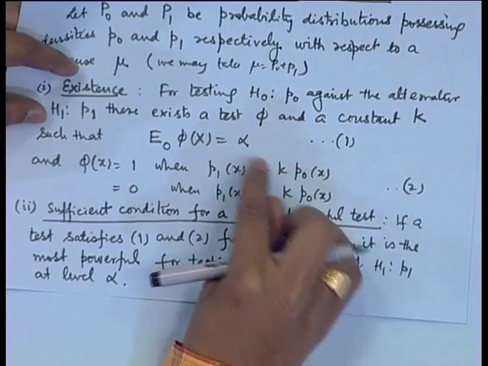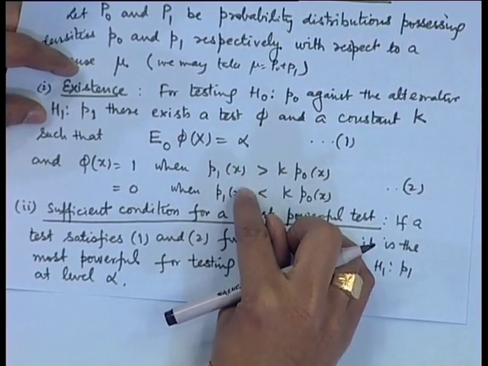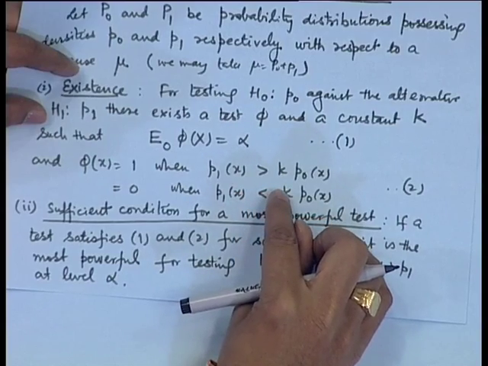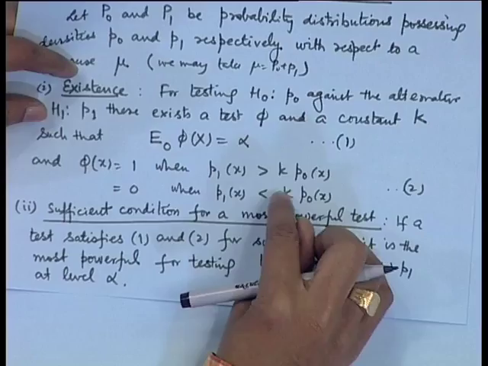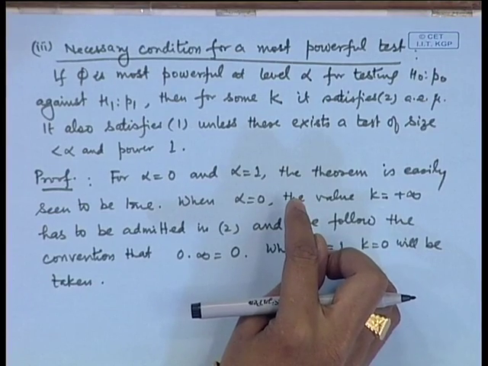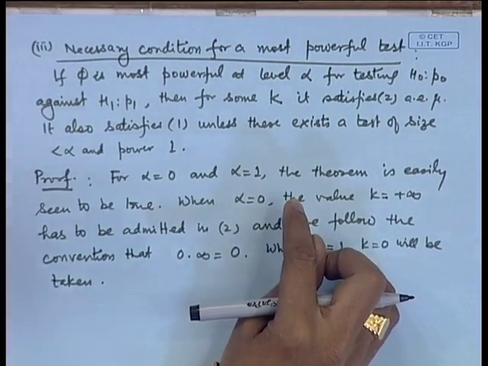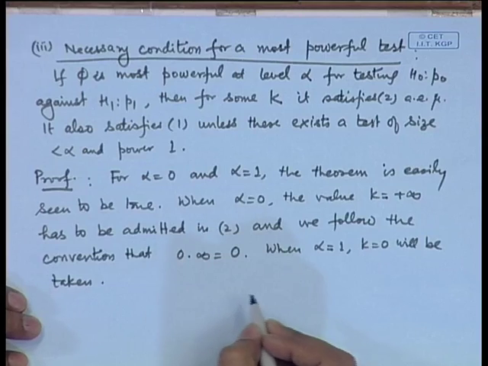If you are always rejecting H naught, then the probability of accepting H naught will become 0, because you are never accepting. So, this gives you beta equal to 0. These are the trivial cases.